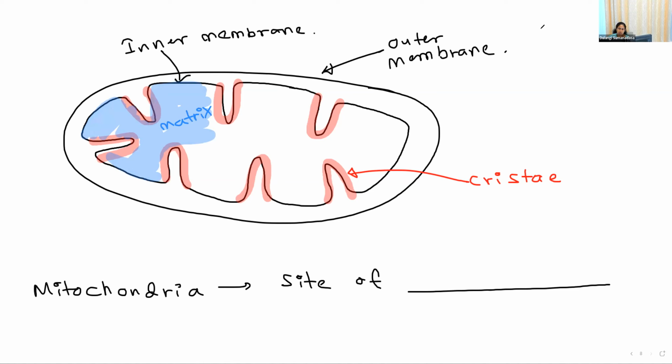Some of the cellular respiration reactions are going to happen inside the cristae. Some of the reactions will take place in the matrix. So you have to know what the matrix and the cristae are.